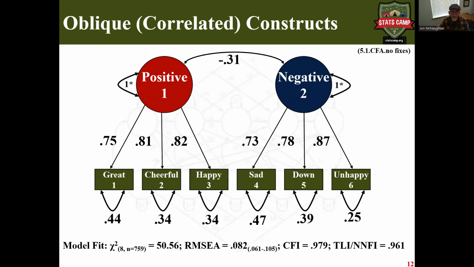That allowed them to take the EFA engine, same mathematics, but then estimate that parameter at the top, which is the relationship between the two latent constructs. That opened up a whole world for structural equation modeling, because I can also estimate that particular parameter as a regression estimate. So if I had an idea that positive affect predicted negative affect, I could fit this model with a regression line where positive predicts negative.